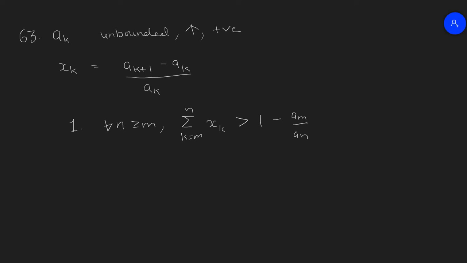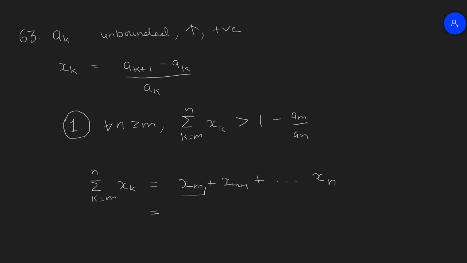So now we'll see whether this option is valid or not. We'll write down the left hand side of the inequality, which is summation k equals m to n x_k. If we open up the summation, we get x_m plus x_(m+1) plus etc., plus the last term, which would be x_n.